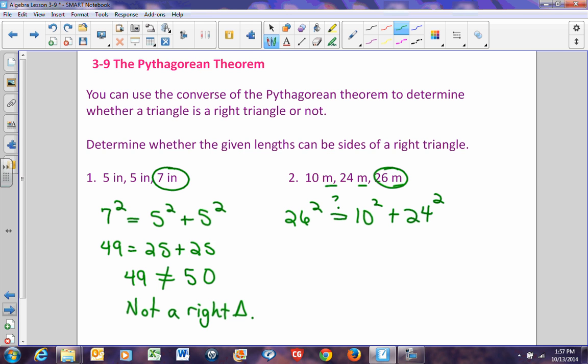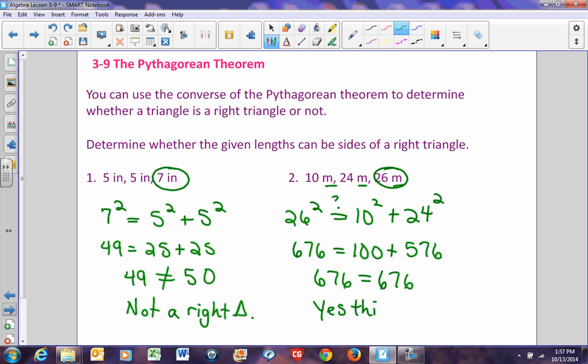If I stick 26 squared on my calculator, I get 676. 10 squared is 100. 24 squared is 576. And 676 does indeed equal 676, so this is a right triangle.